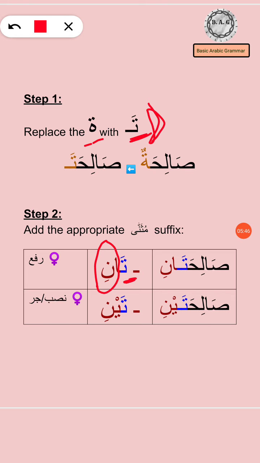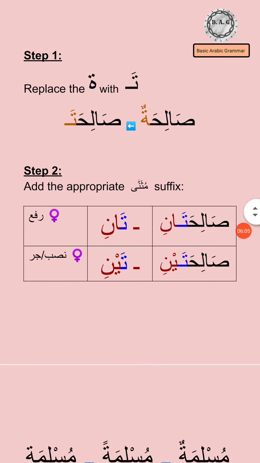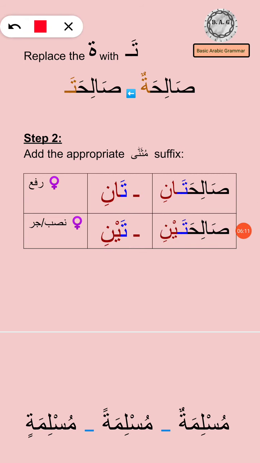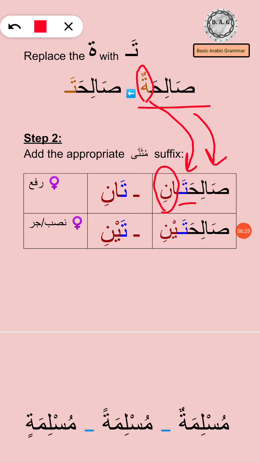However, for the sake of simplicity and ease, and to avoid repetition with some words that I'm going to point out shortly, we simply say that the suffix for feminine is tani, taini. Do not get caught up in that. So salihatun becomes salihatani because the ta marbuta gets replaced with a regular ta that carries a fatha, and then the suffix gets added as the next step, which is ani.